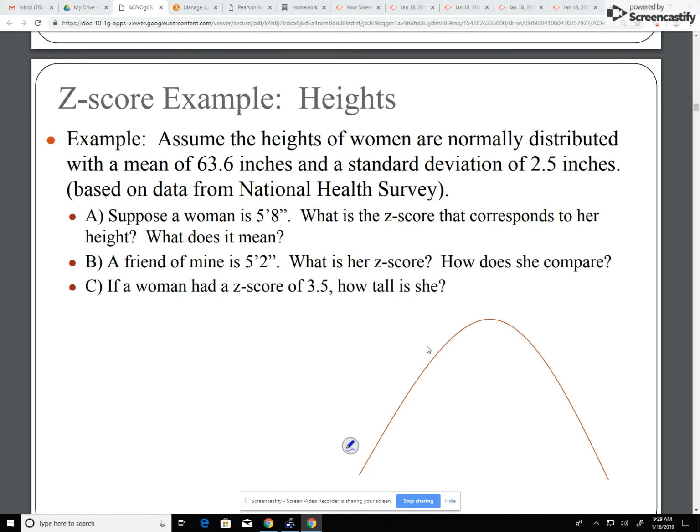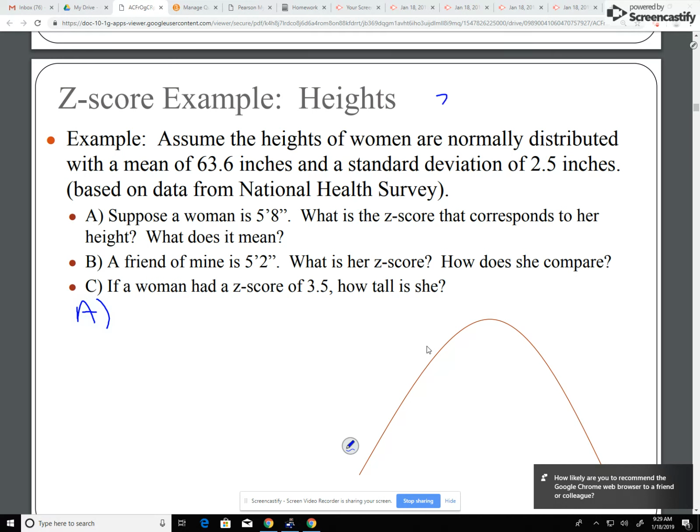So I'll go blue here for Part A. If she's 5'8", our mean is in inches, so we've got to convert that to inches. She is 68 inches.